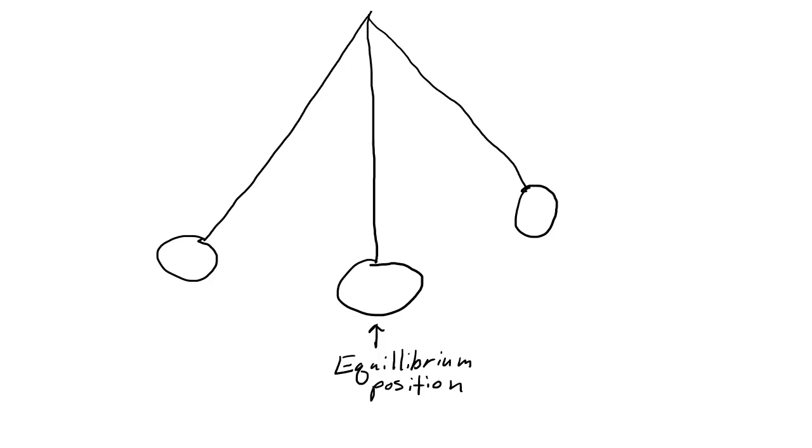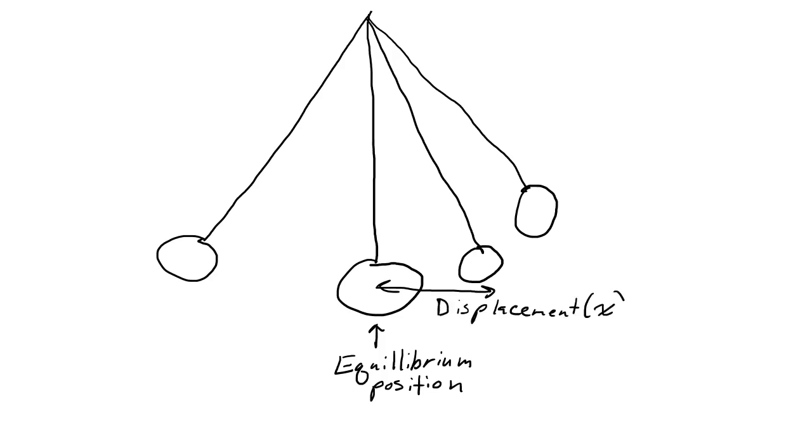It's important to remember that a particle at the equilibrium position is not in translational equilibrium like we learned in our mechanics unit. If we were to move our particle out of this equilibrium position, say our pendulum is swung to this point here, the distance that it's been moved from here to here is called displacement.